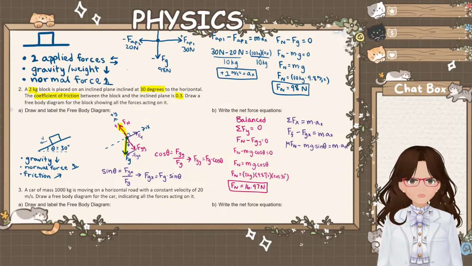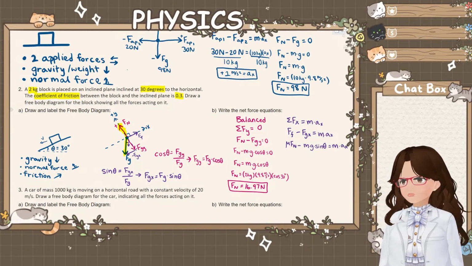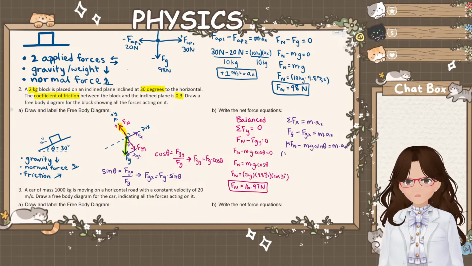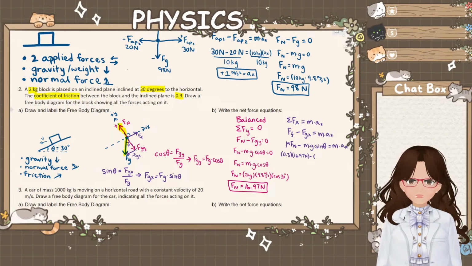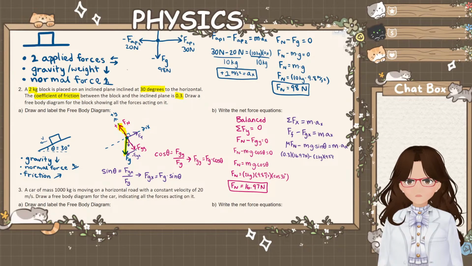So in this case here, we have our coefficient of friction, which is going to be 0.3. Again, it's unitless, times Fn, which we know is 16.97. That's also why I like to keep extra units. I like to keep it so that way we can hold on to as many numbers as possible. Okay, times the mass, which is going to be 2 kilograms, times gravity, the acceleration due to gravity, 9.8, times, let me scoot this over so it's easier for you to see.